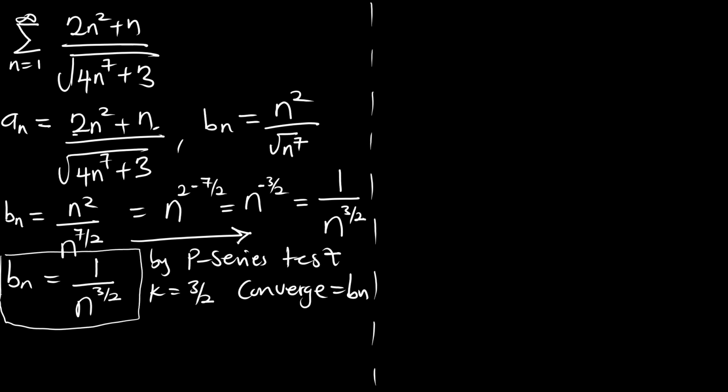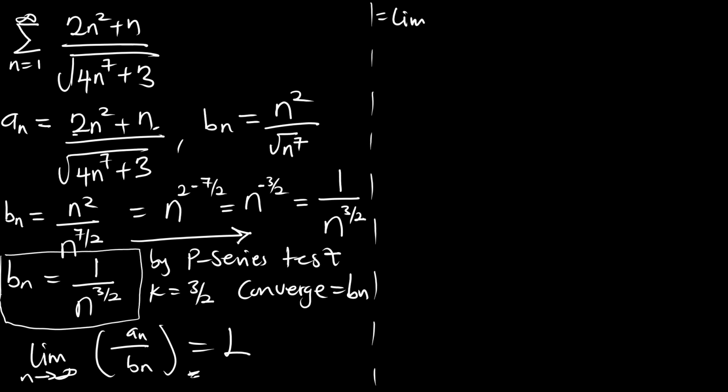So we have to now use the limit rule, which says limit as n approaches infinity of an divided by bn. If we're able to get a finite value, then we can conclude that an is also going to what? Converge. So now let's see. We are going to use this rule. So this is limit as n approaches infinity.